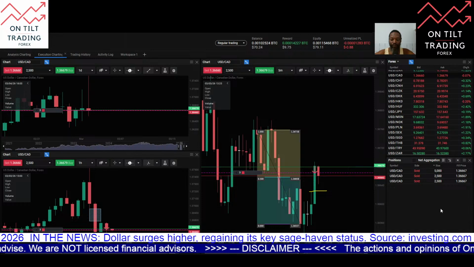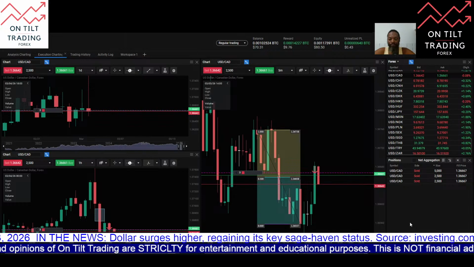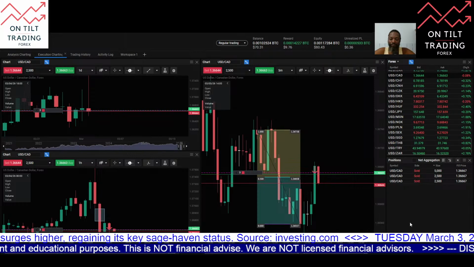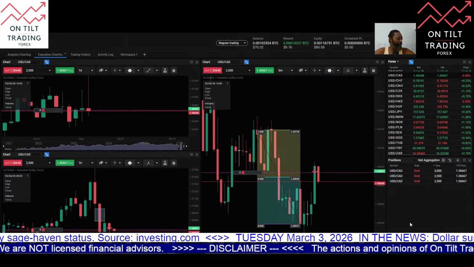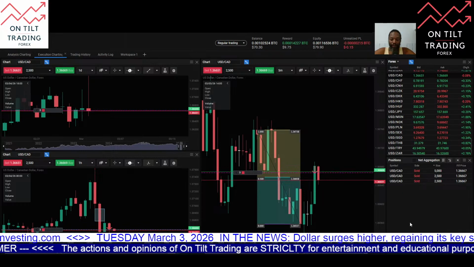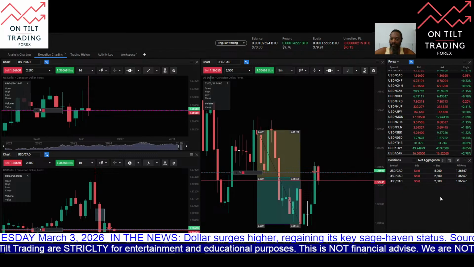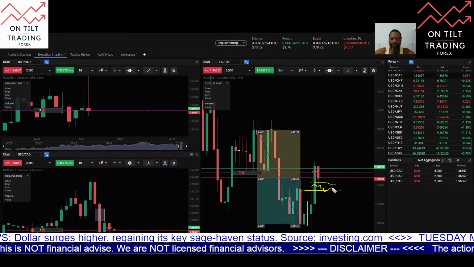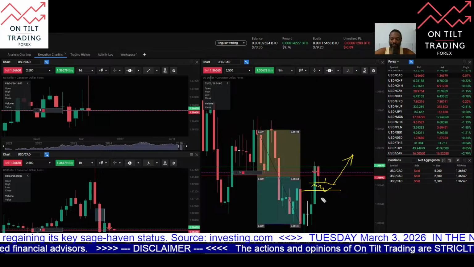This is also a new 1-hour candle. Less than 1 minute remaining in the current 5-minute candle. If price holds, then there will be a bullish fair value gap here that price could use to trade higher, or it could fail.